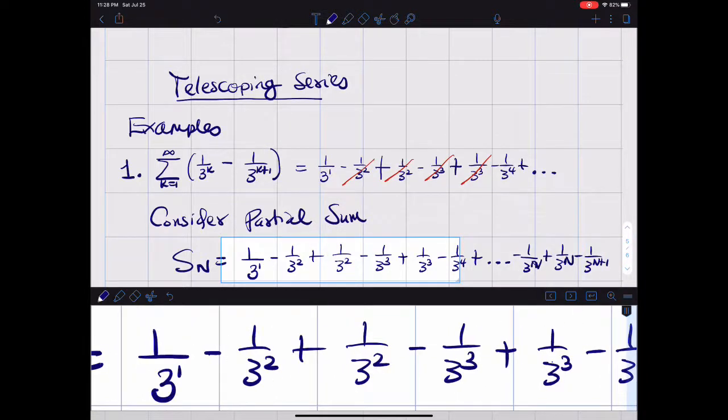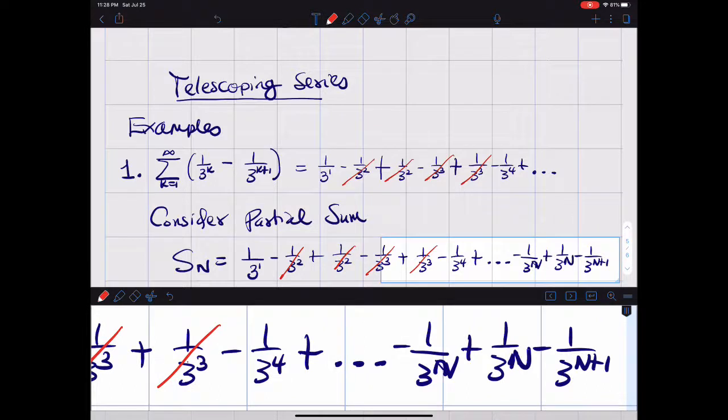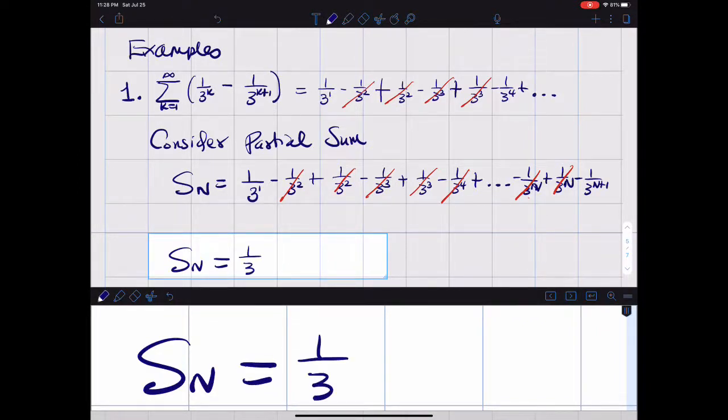Things are going to cancel out nicely. This is going to cancel out with this, and so forth. So this partial sum right here is just 1 over 3 to the power of 1 minus 1 over 3 to the power of n plus 1.